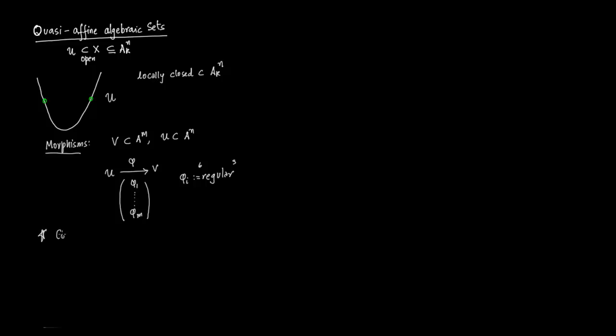So it is important that you compare this with what we have already talked about, morphisms of closed sets. Again, a regular function is of the form f over g, and on closed sets it becomes a polynomial.